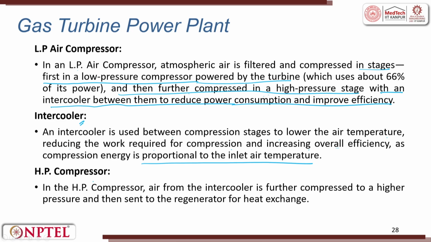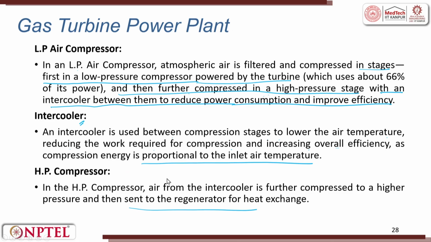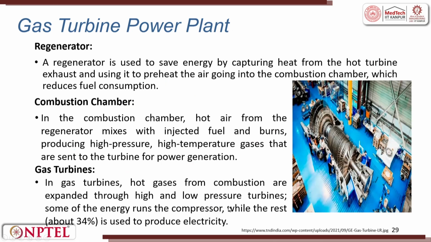In the HP, the high pressure compressor, the air from the intercooler is further compressed to a higher pressure and then sent to the regenerator as a heat exchanger for heat exchange.